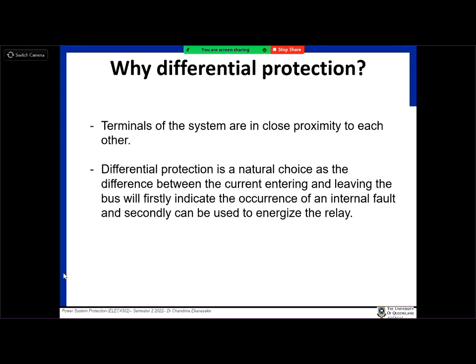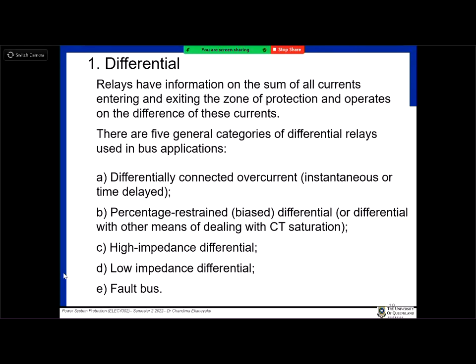So differential protection is the ideal one, as the current entering the system and leaving the system can be very well defined, because they are the feeders. Therefore, differential protection is the ideal one for this.